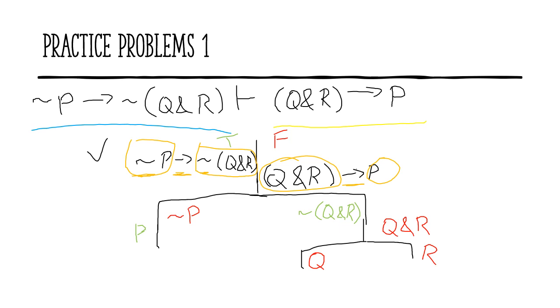And now we have to ask ourselves, what makes an arrow false? Well, what makes an arrow false, thinking back to our rules, is wherever the left side is true and the right side is false.